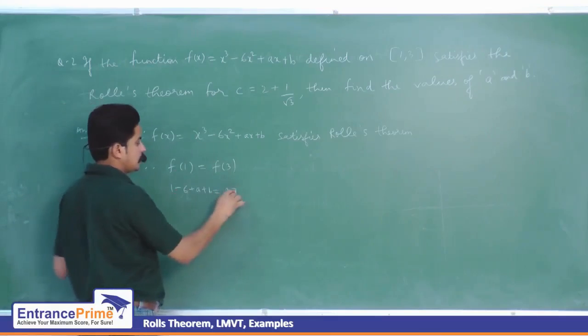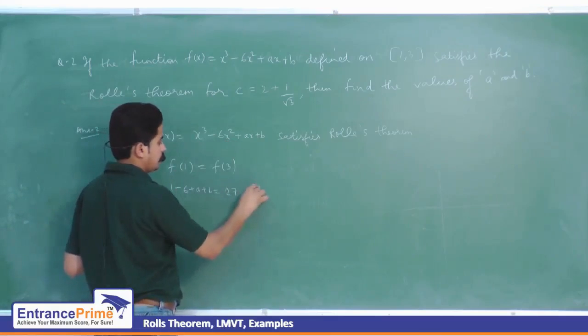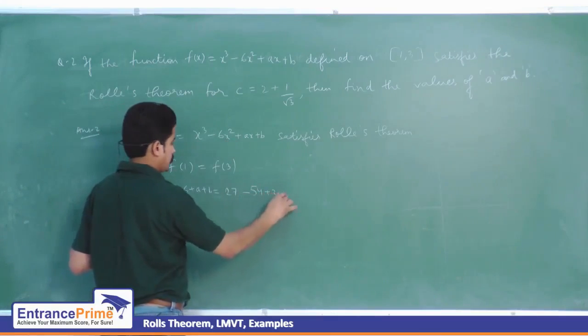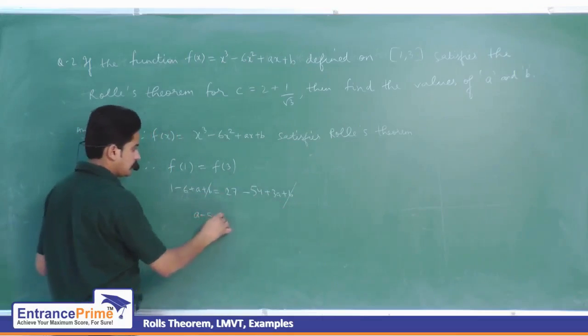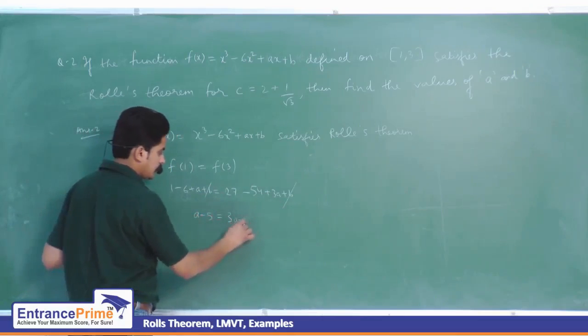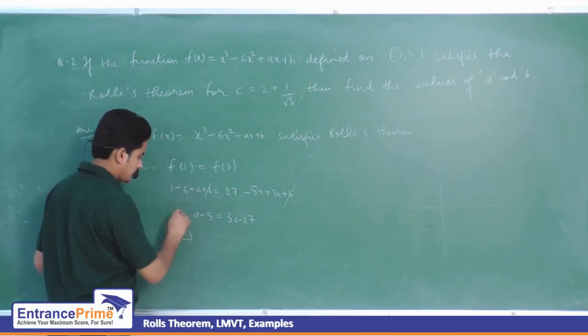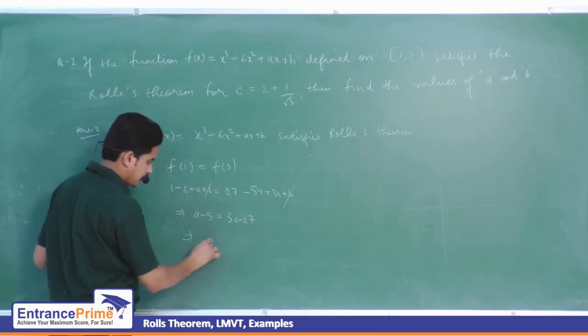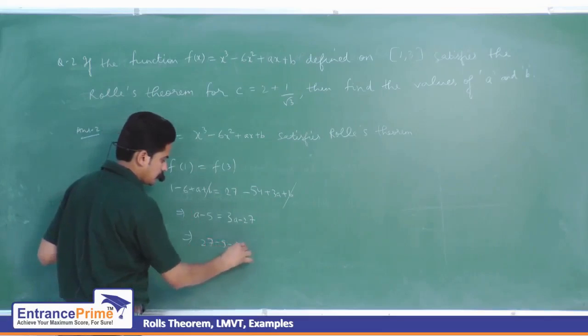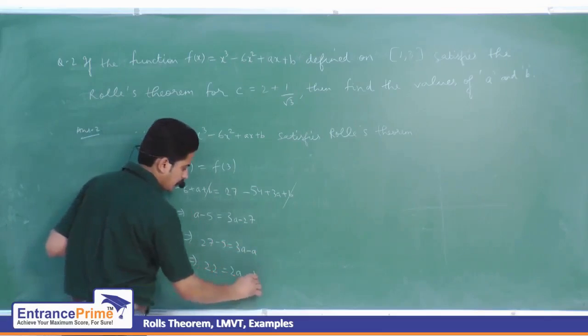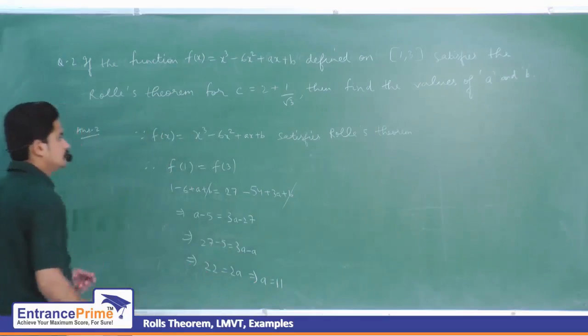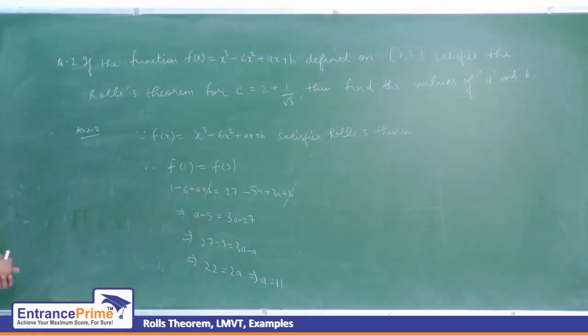So this is 27, 3a, this is 54 plus b. This gets cancelled. This is a minus 5, while this is 3a minus 27, or this is 27 minus 5, while this is 3a minus a. So the value of a is 11. So with the help of the third condition of Rolle's theorem, we get the value of a.